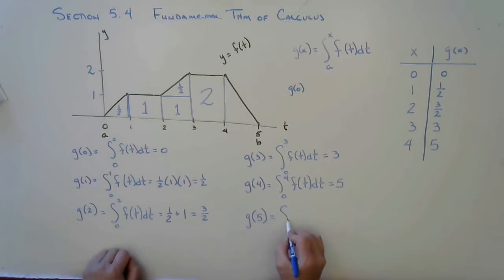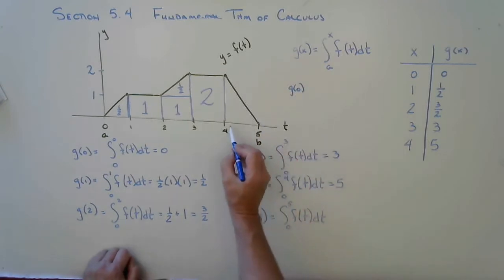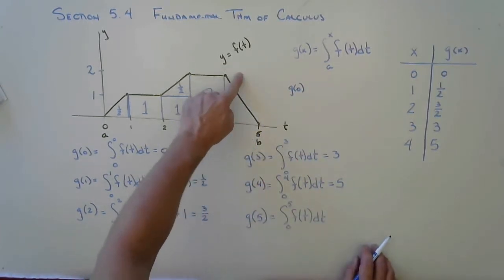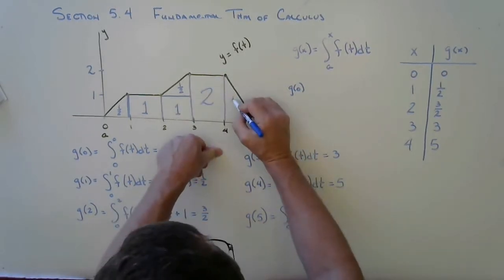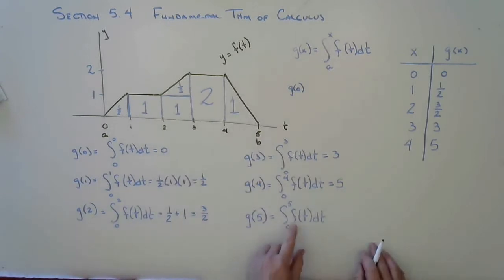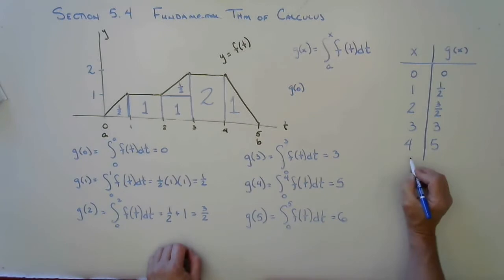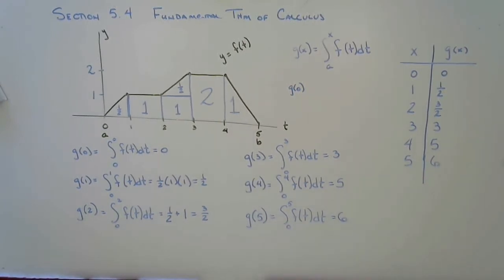Yeah, I think you've got it at this point. That's the integral from 0 to 5 of f of t dt. And we're going to have to include the area of this triangle right here, aren't we? Now this triangle is 1 wide by 2 high times a half, right? So that's going to be 1. And we already know the area between 0 and 4 is 5, so we're going to add 1 more to that. We're going to get 6 here. So when we plug in a 5, out comes a 6.